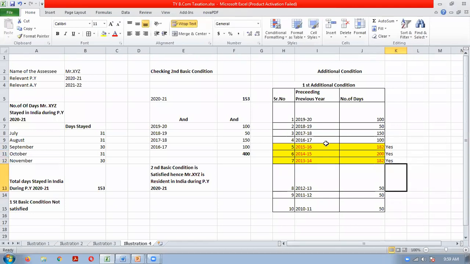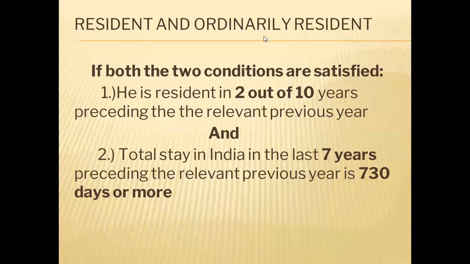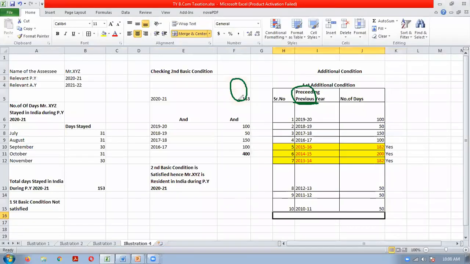So we can say that the first additional condition is satisfied, because the first additional condition says to check the past 10 years and tell whether he was resident for at least 2 years. In 10 years, he was a resident for 3 years.